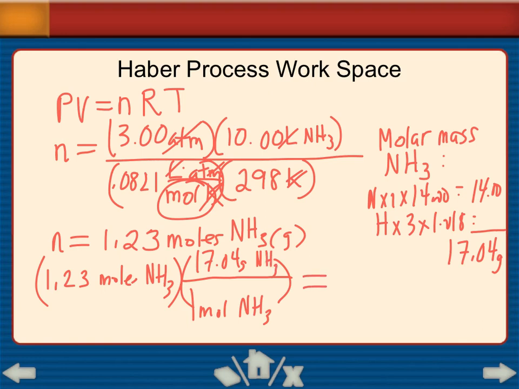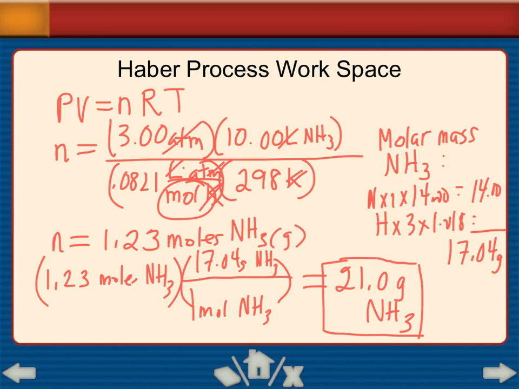And if you go ahead and do the units and the math, you come out with 21.0 grams of ammonia. So if we go way back to the beginning, if 5 liters of nitrogen gas reacts completely with an excess of hydrogen, we will eventually produce 21.0 grams of ammonia.